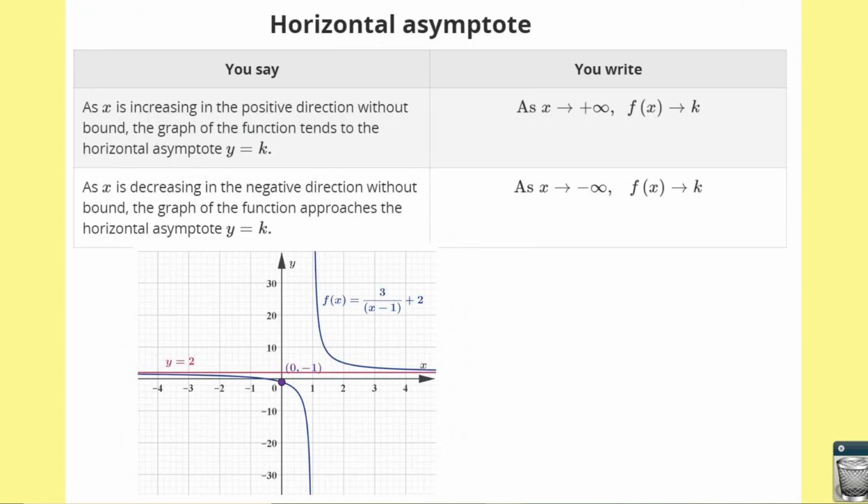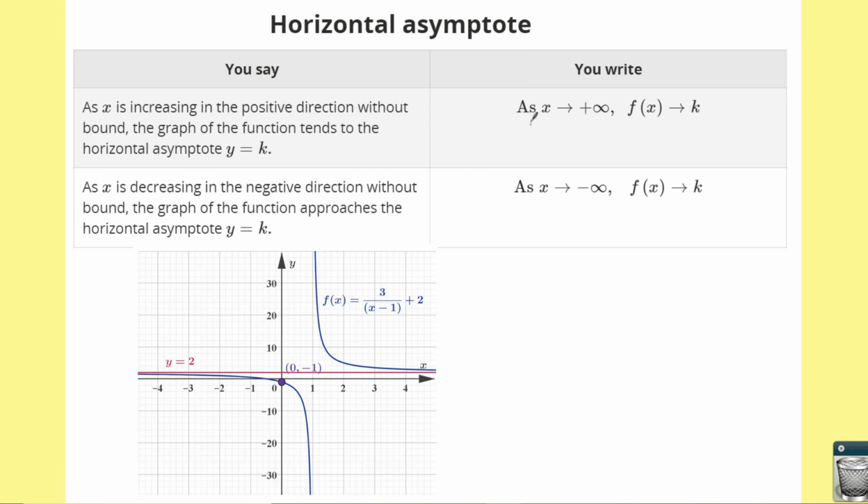All right, so for horizontal and vertical asymptotes, we want to make sure we understand this. This is how they explain it, the fancy wording of it all. So let me explain what this means.